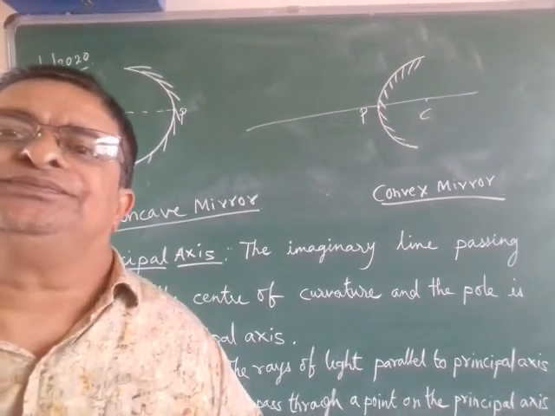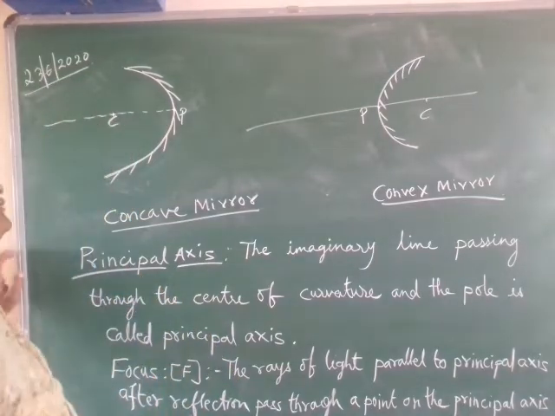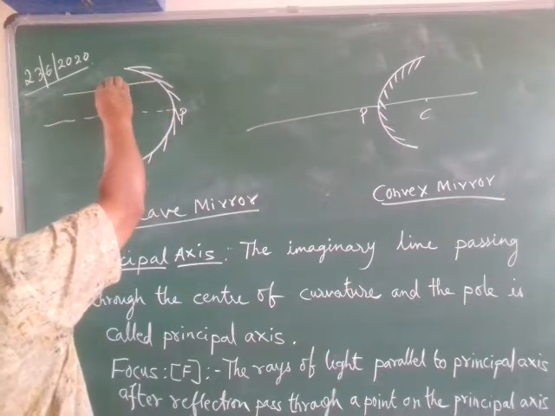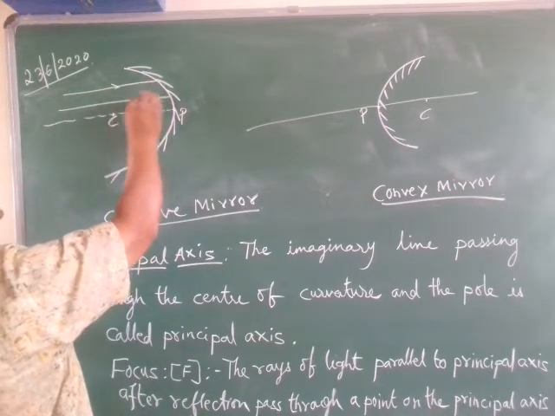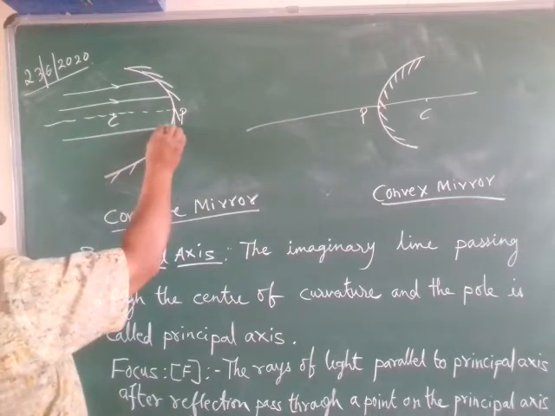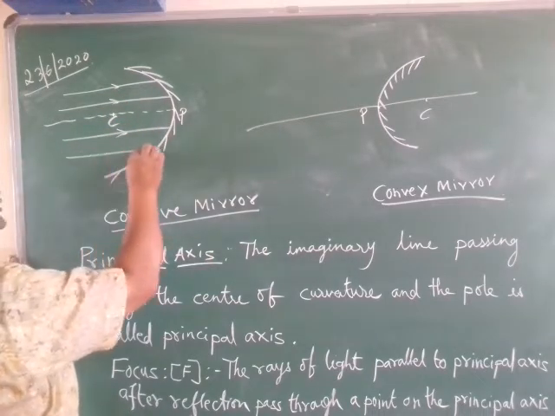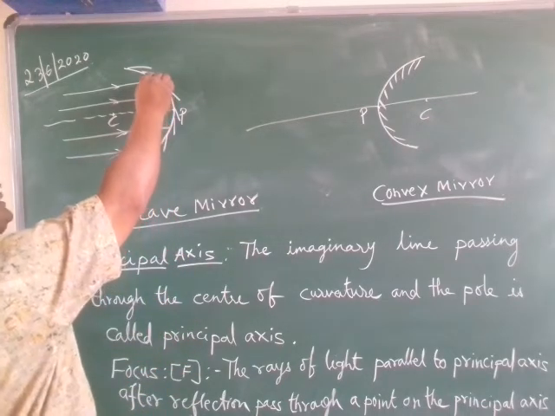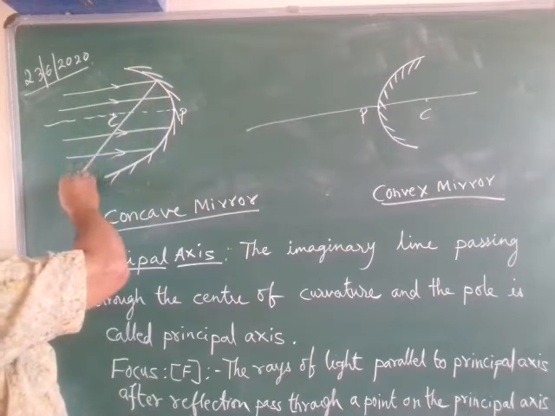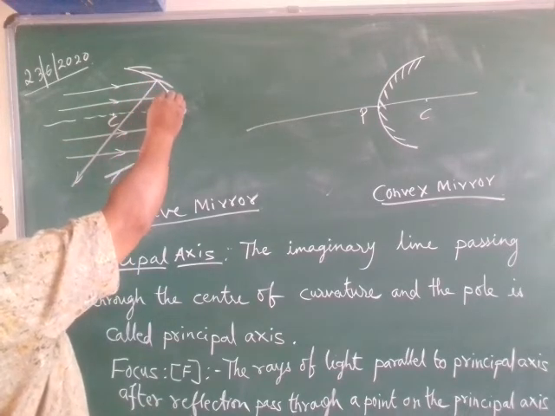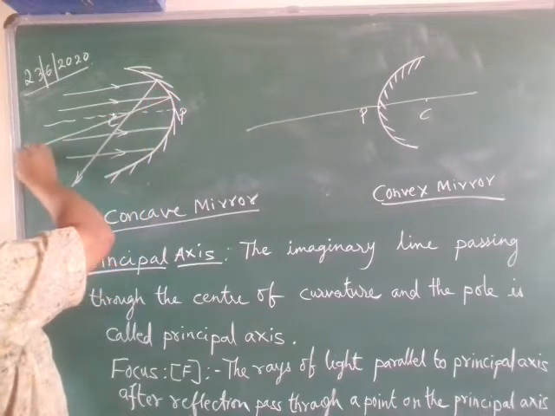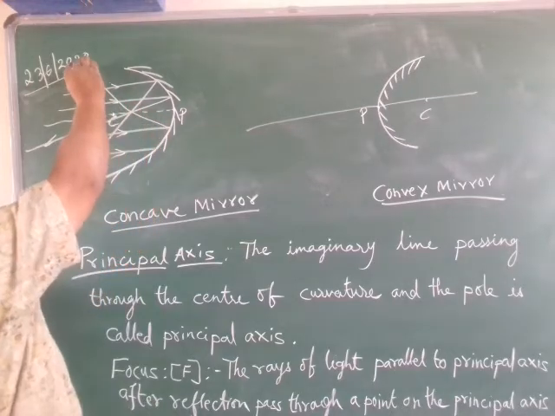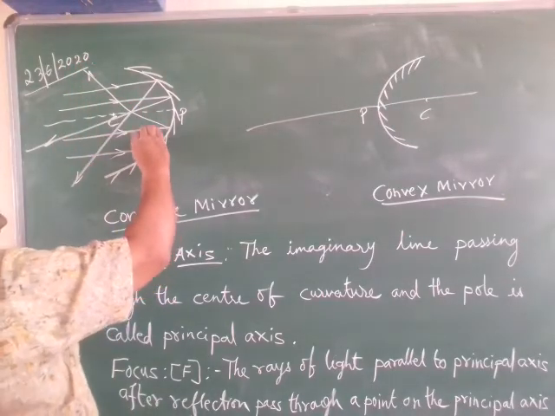Let us see the meaning of this principal focus. Let us consider 4 rays of light parallel to the principal axis. These 4 rays strike the mirror and get reflected, this one like this, this one like this, and this one like this.